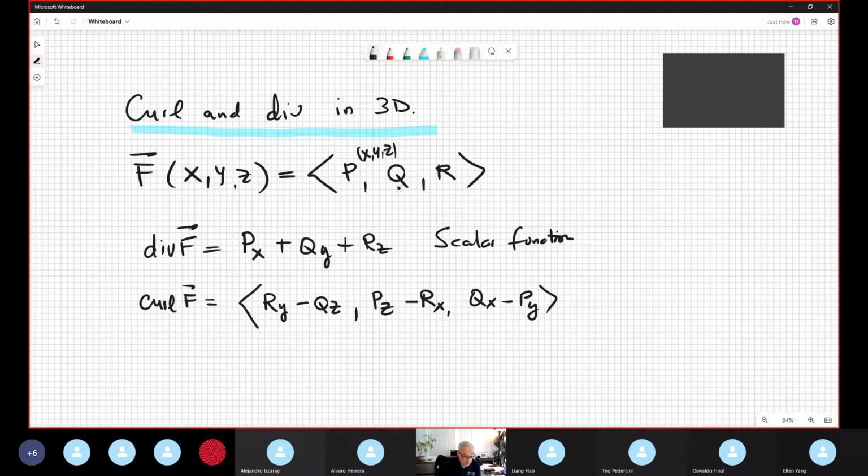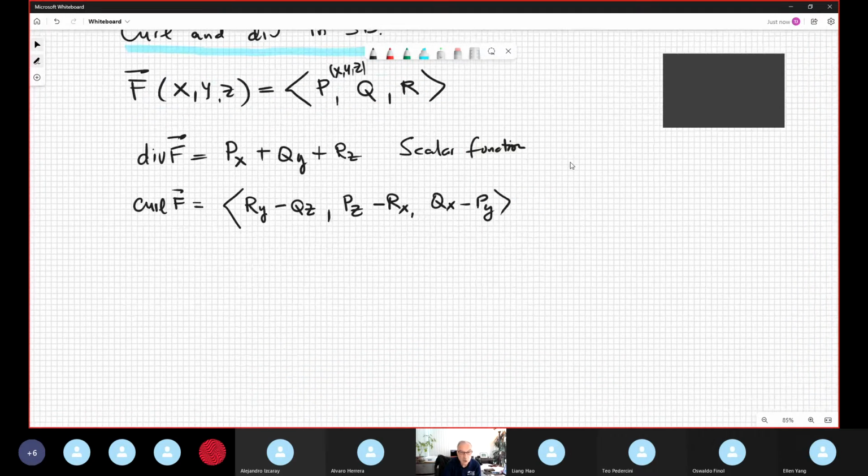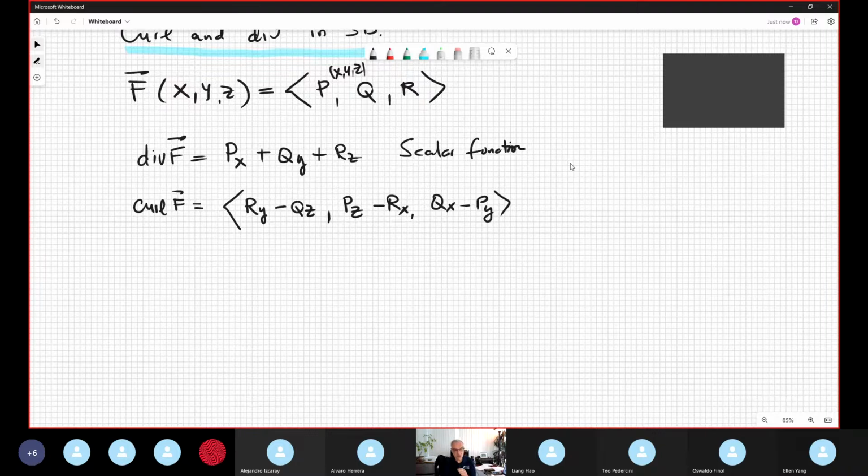I propose you do this formula like a cross product in the notation. So now, pay attention, this is very abstract. Not complicated, but abstract. I suppose you remember this operator, the operator we use in the gradient.